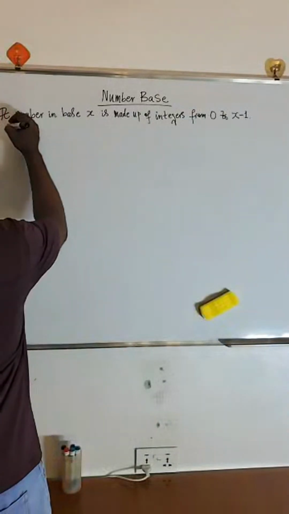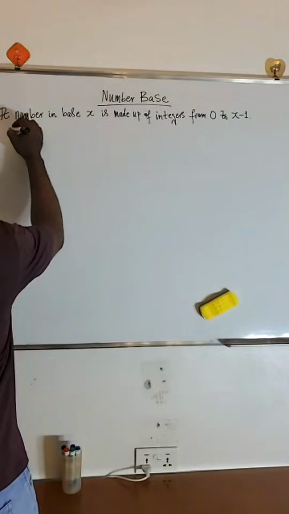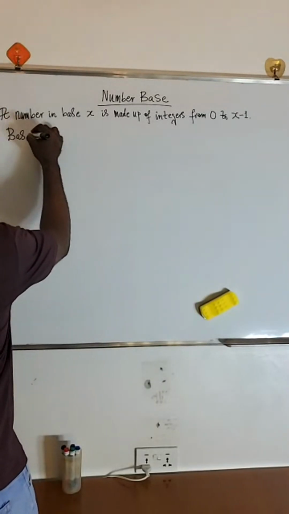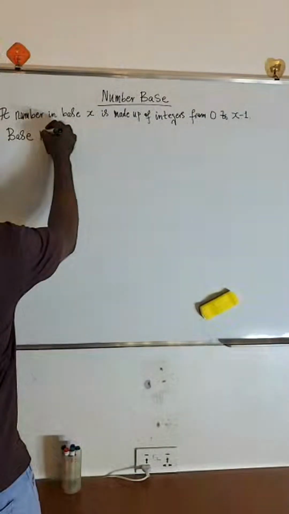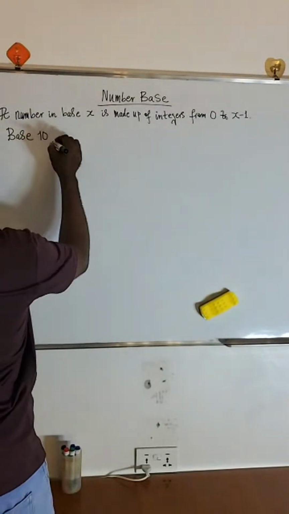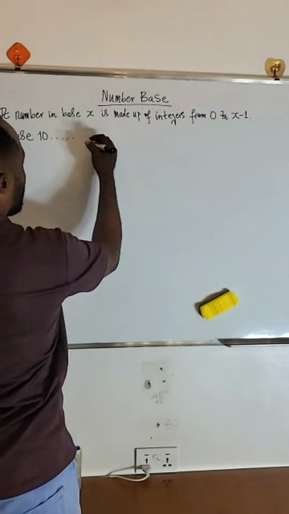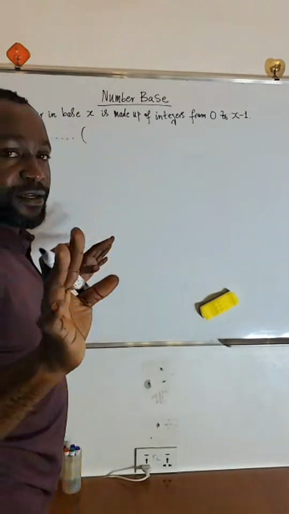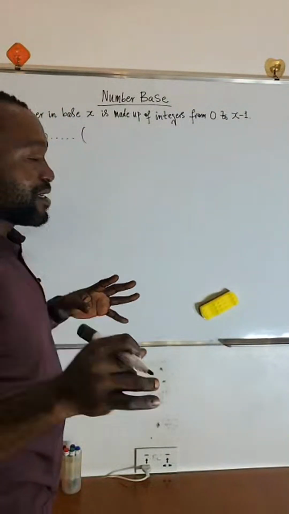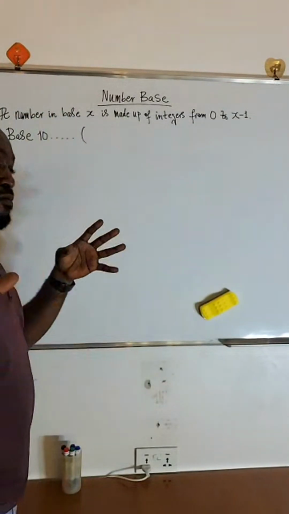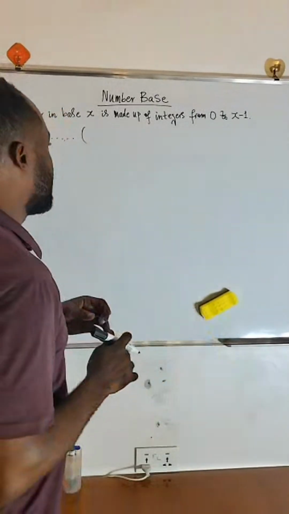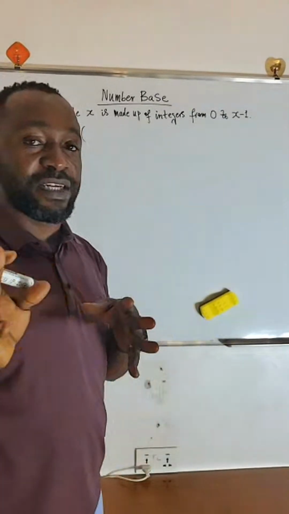So that is to say, if you have base 10, you can only have numbers. If you are dealing with base 10, then you can only have numbers ranging from 0 to 9, but you cannot have a number like 10.